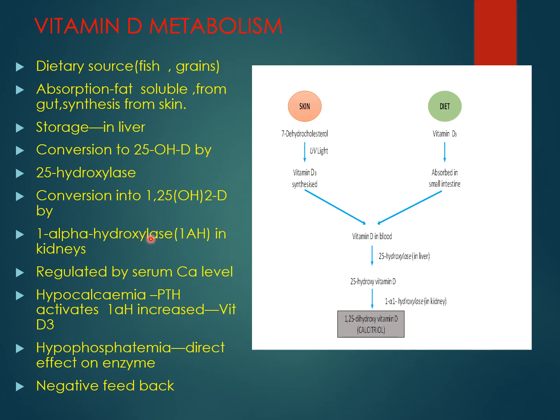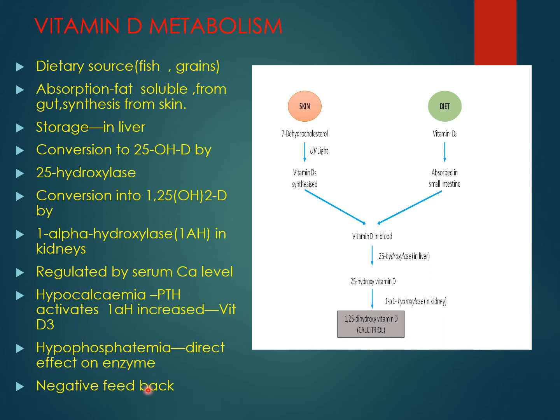The activity of this enzyme is regulated by calcium and phosphorus level. Whenever there is hypocalcemia, this will trigger parathyroid hormone, which will activate the enzyme 1-alpha-hydroxylase, and there will be formation of active vitamin D. Whenever there is hypophosphatemia, it will directly activate 1-alpha-hydroxylase to increase the level of vitamin D3.